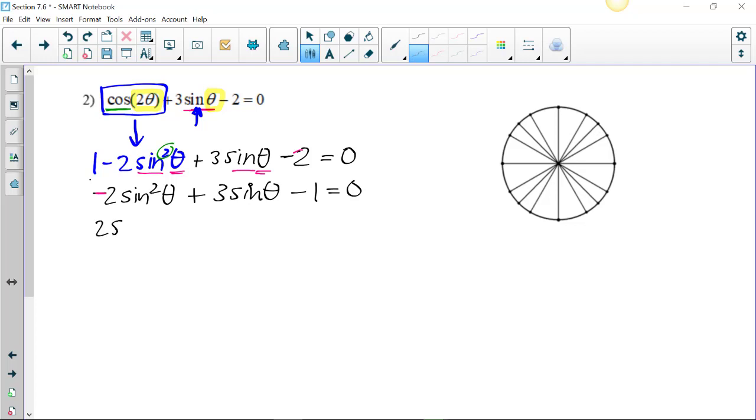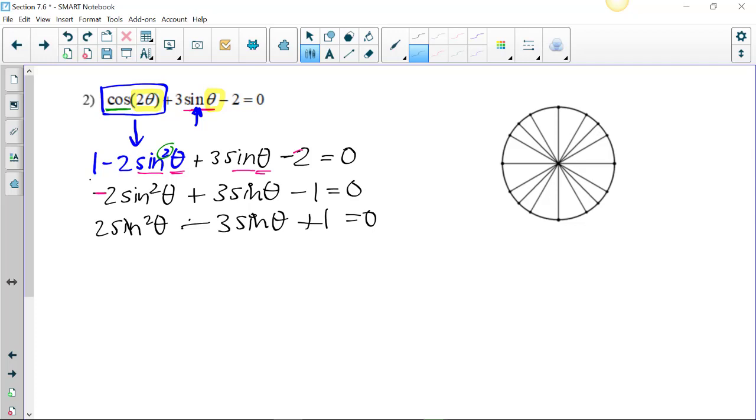So I've got 2 sine squared theta minus 3 sine theta plus 1 equals 0.